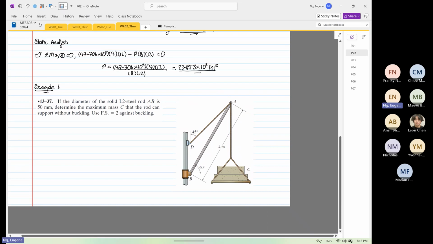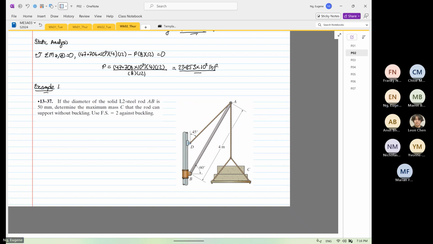So this example is: if the diameter of the solid L2 steel rod is 50 millimeters, determine the maximum mass at C that the rod can support without buckling, and we're going to use a factor of safety equal to 2.